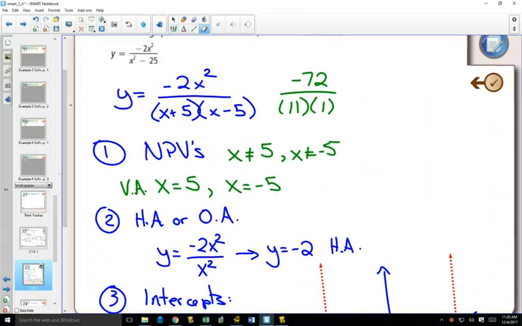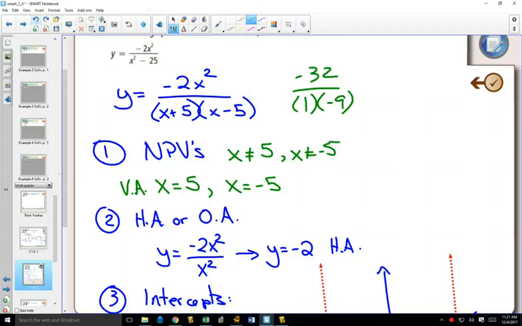Let's start with the negative 4. If I plug in negative 4, I'm going to get negative 32 in my numerator, and negative 4, this would be 1, and this would be negative 9. Negative 32 over negative 9, which is 3 point something.